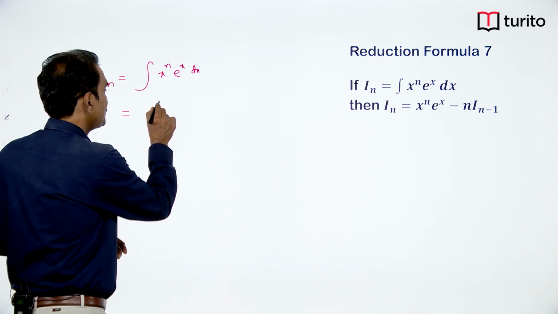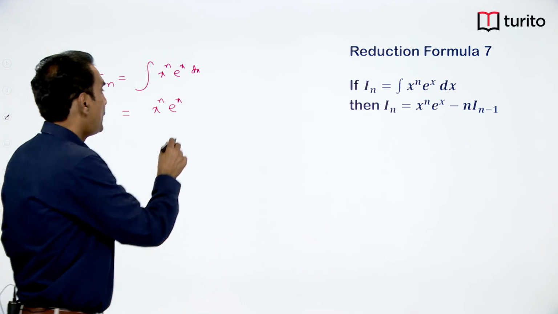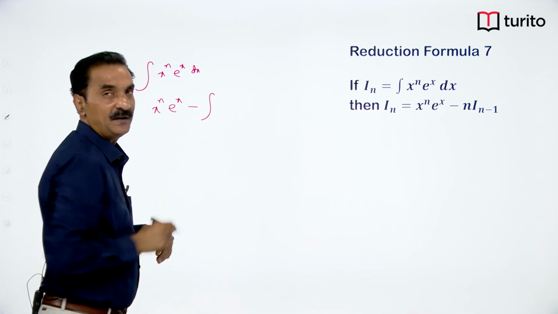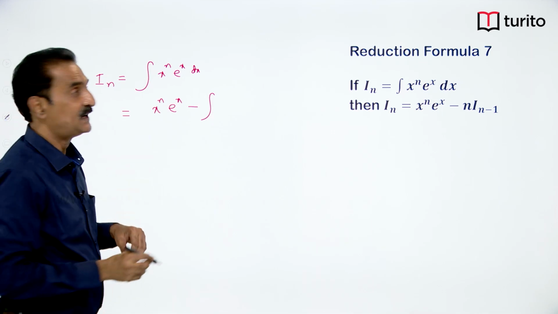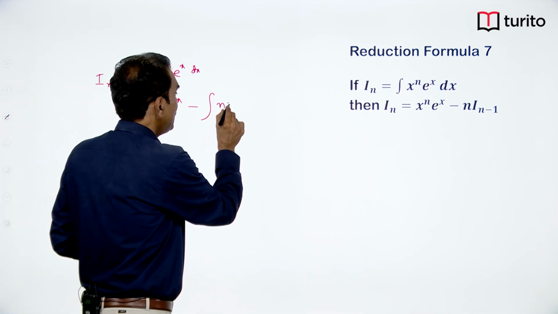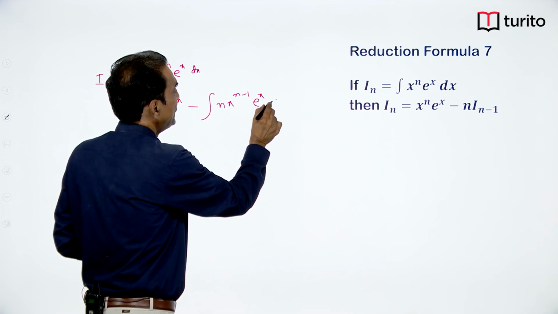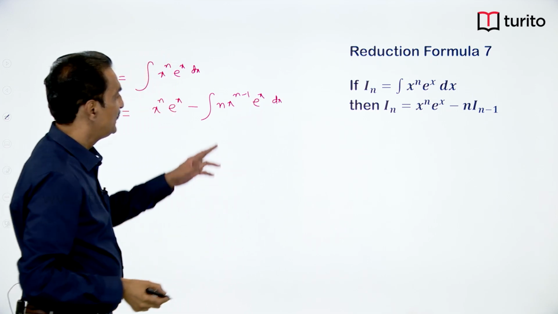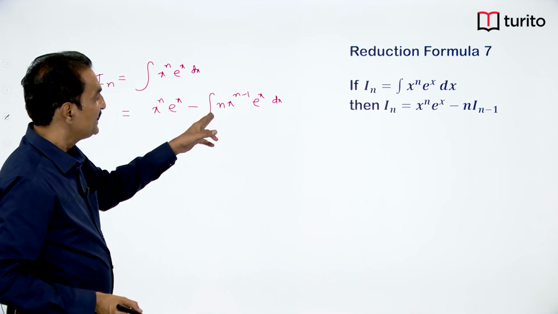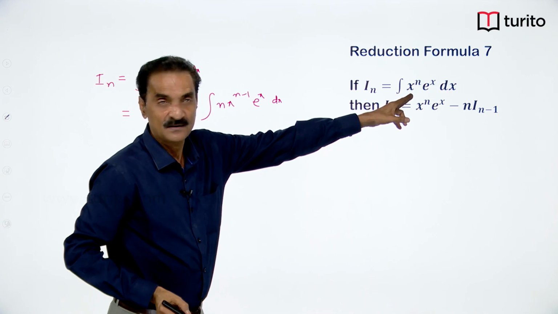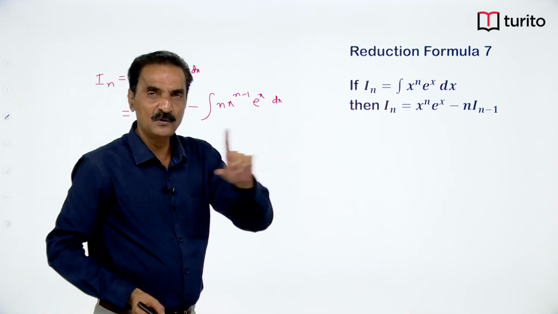Then first function into integral of the second, minus integral of derivative of the first function into integral of the second, n x power n minus 1 into integral of the second e power x. Now, take out n, then directly this becomes n into I n minus 1. This is x power n e power x. So, it is proved, only one step.